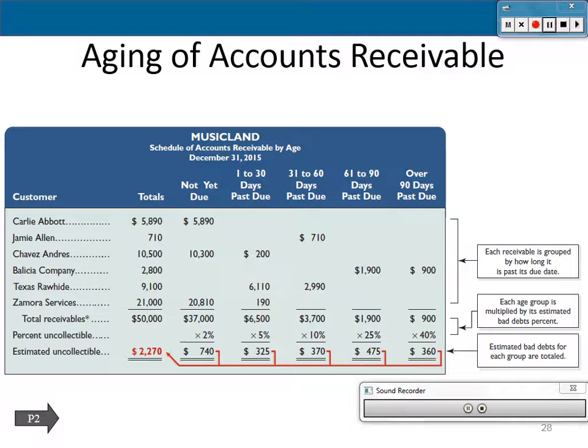This company in total had receivables of 50,000. Now, not due yet, meaning it's not even past 30 days due, they had a total of 37,000. We just multiplied it by the bad debt expense percentage, and it gives us 740 for this group.